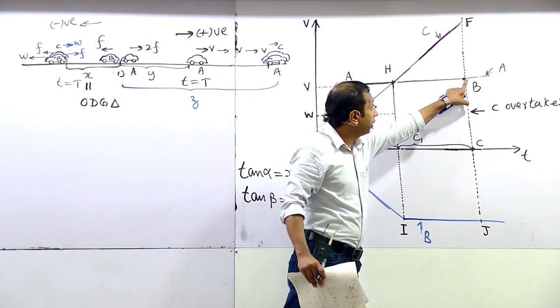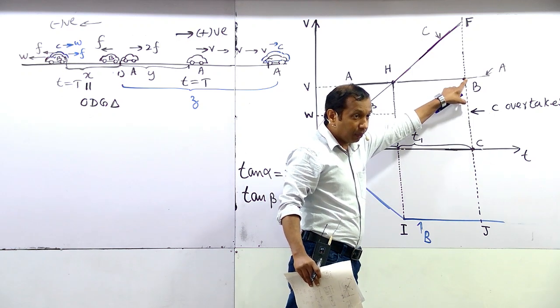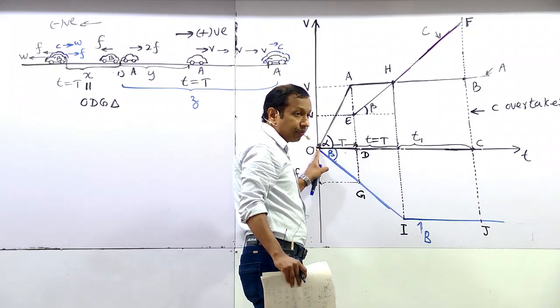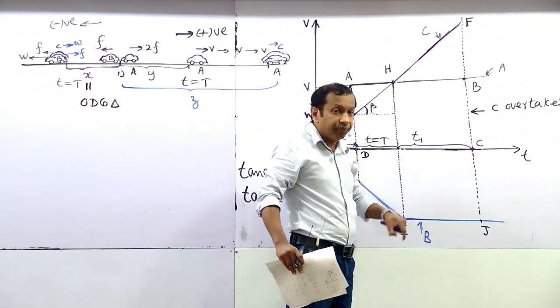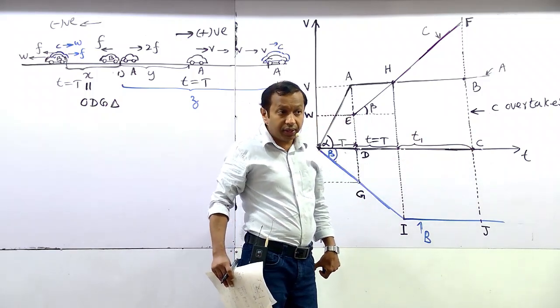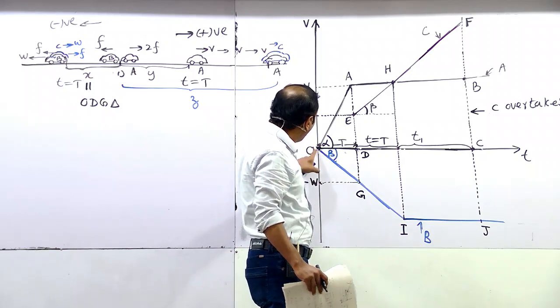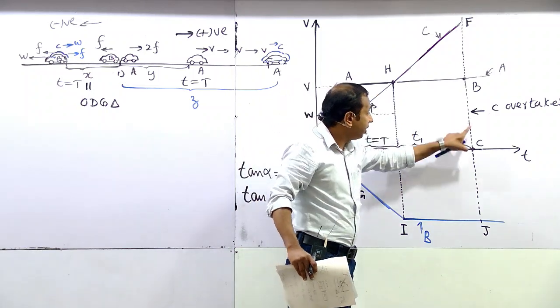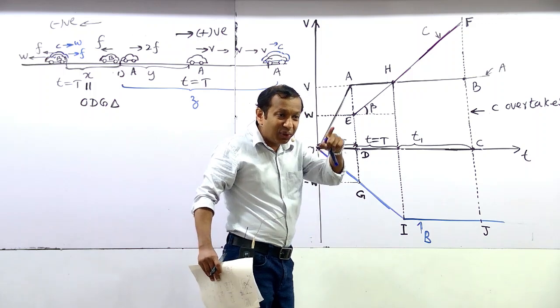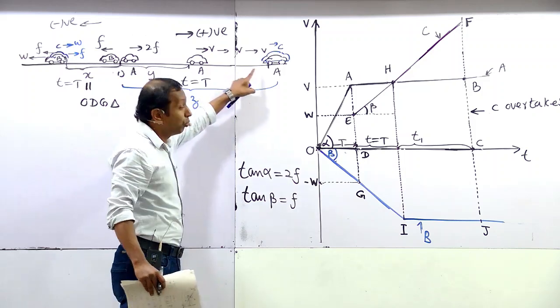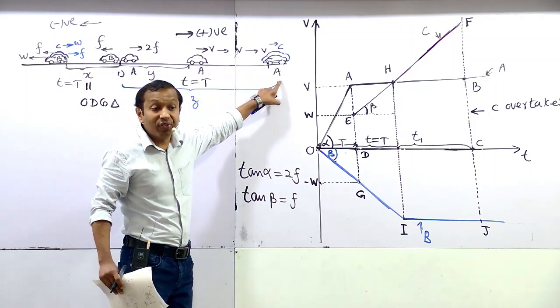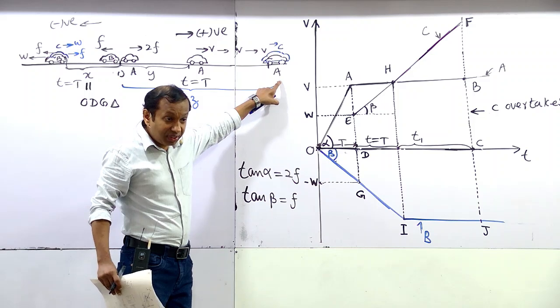Then up to here is the VT graph of A. Up to this time moment, the OABC area should be the distance moved by A just before it is overtaken by C. Understand?